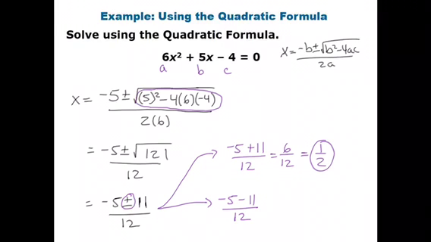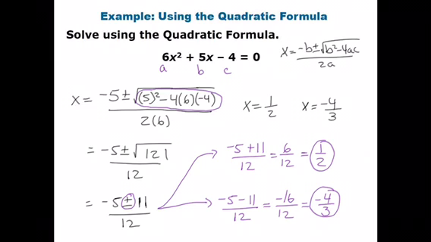So x equals 1/2. And then on the bottom, you've got negative 5 minus 11, which is negative 16 over 12, which can be reduced to negative 4/3. So in this case, we know that x equals 1/2 and x equals negative 4/3.